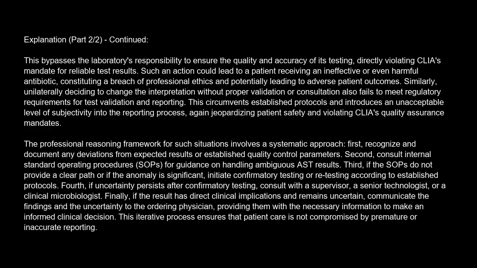Fourth, if uncertainty persists after confirmatory testing, consult with a supervisor, a senior technologist, or a clinical microbiologist. Finally, if the result has direct clinical implications and remains uncertain, communicate the findings and the uncertainty to the ordering physician, providing them with the necessary information to make an informed clinical decision. This iterative process ensures that patient care is not compromised by premature or inaccurate reporting.